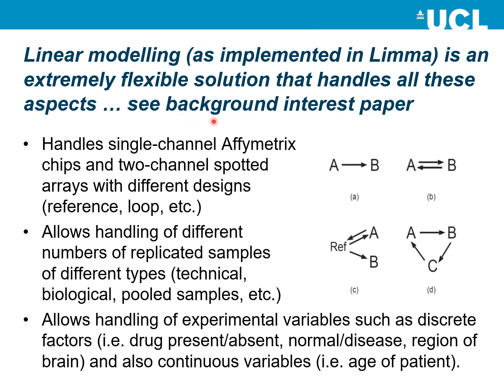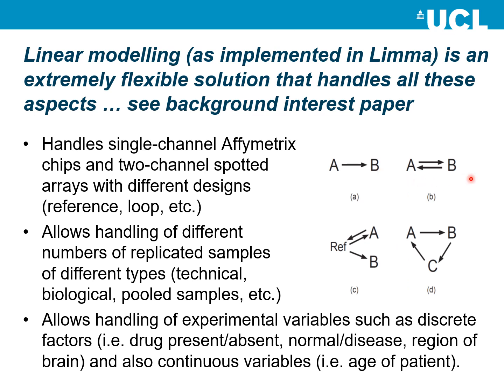I've put a background interest paper on the Moodle site to show how limma works, but it can handle single channel Affymetrix chips, and it can handle two-channel spotted arrays with maybe sample A compared to sample B, or it may be a dye swap experiment, sample A compared to sample B, where this is red and this is green, and then you swap them, sample B compared to sample A, where this is red and this is green, to get rid of dye bias.